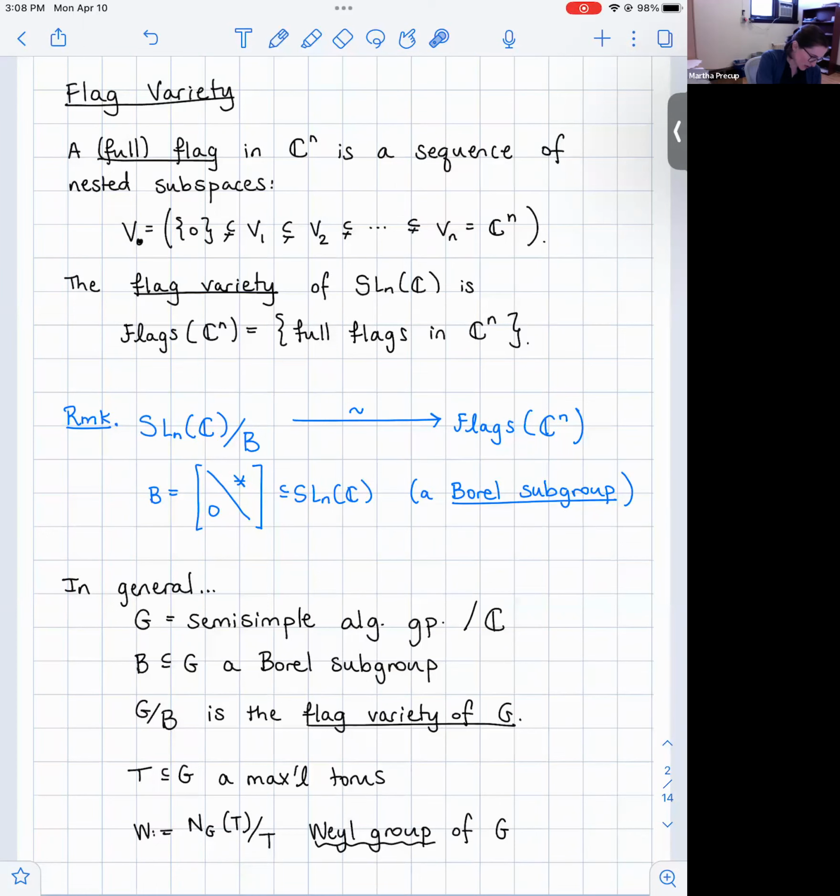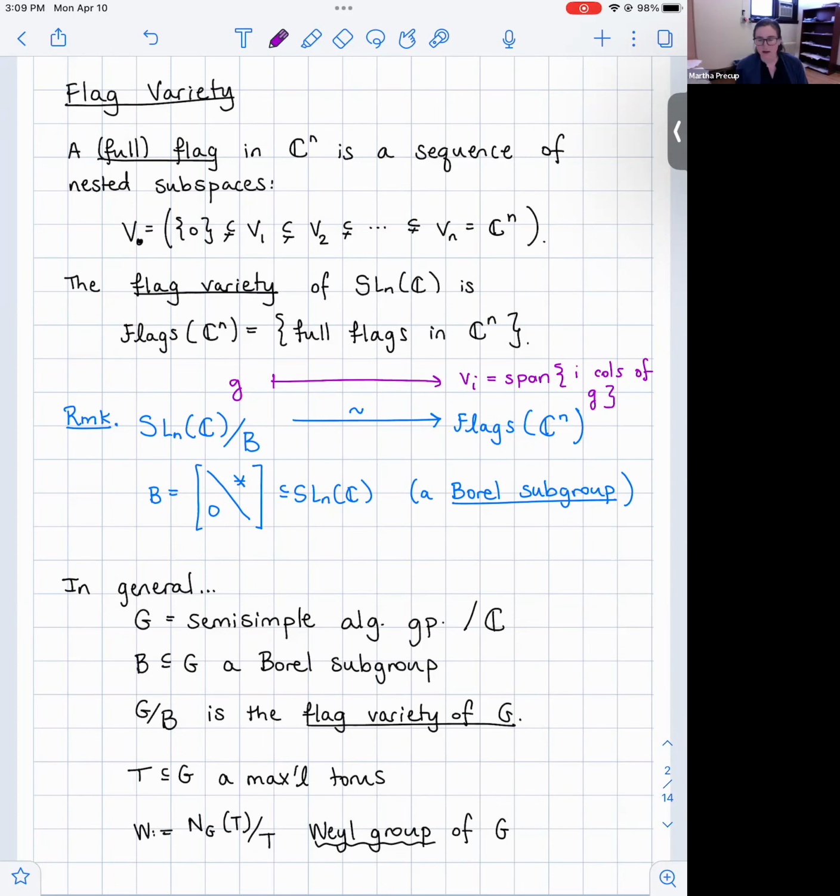You could take your favorite matrix g over here, and think about the flag that you obtain, where the ith subspace V_i in your flag would be the span of the first i columns of g.